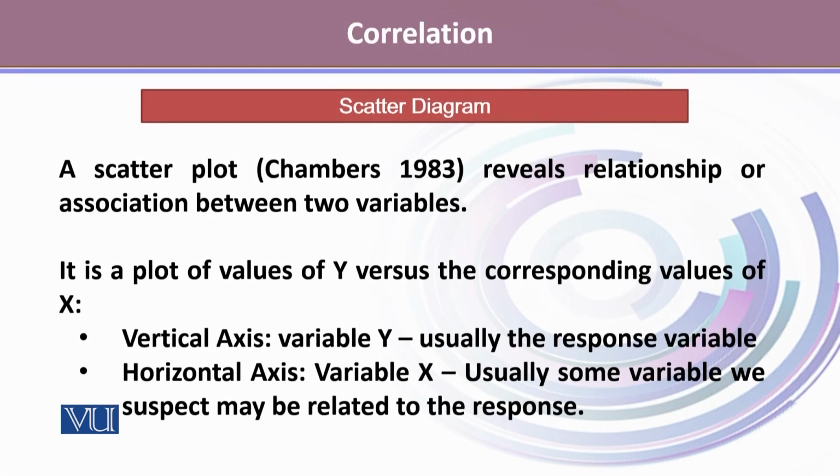A scatter plot, as described by Chambers in 1983, reveals a relationship or association between two variables. It's a plot of values of y versus the corresponding values of x, where the vertical axis, usually the response variable, is denoted by y, and the horizontal axis contains variable x, that is usually some variable we suspect may be related to the response.